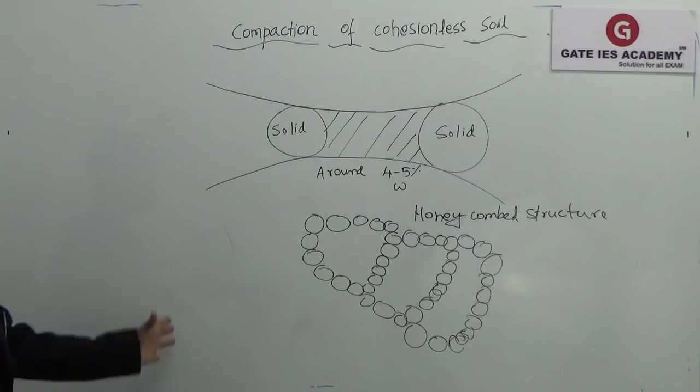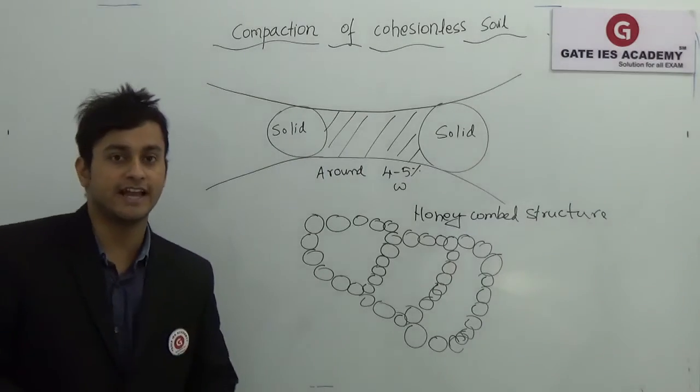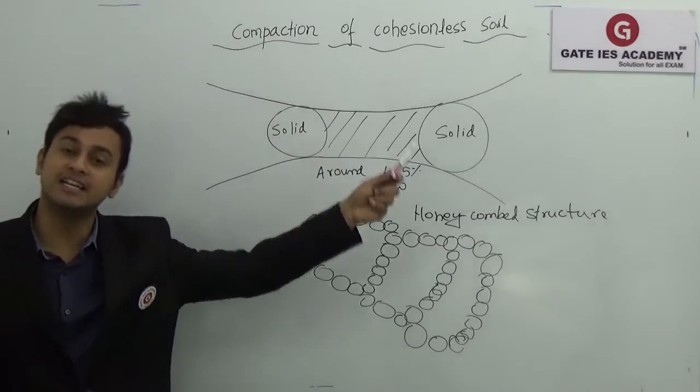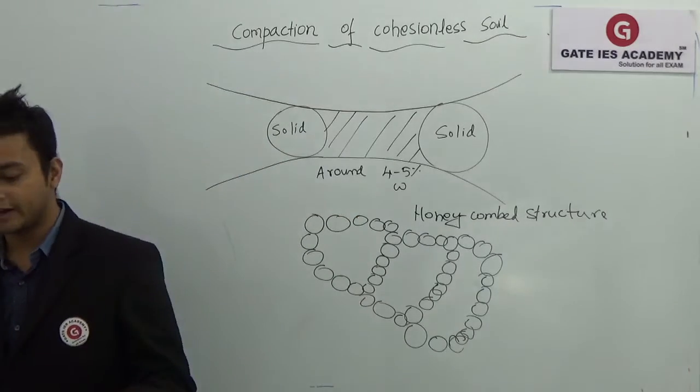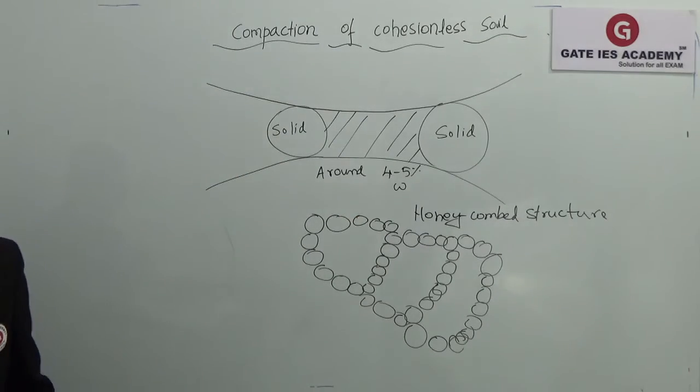Okay, so this is how a honeycomb structure looks like. This is only possible in cohesionless soil at 4 to 5% moisture content. Please write down: in case of cohesionless soil, we have honeycombed structure.